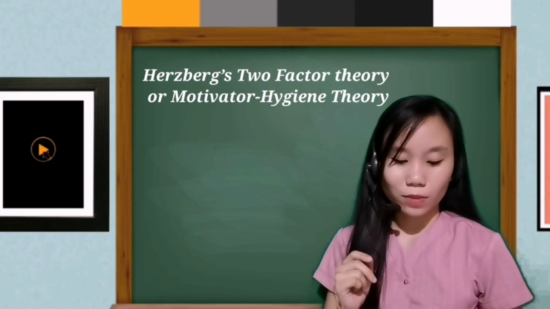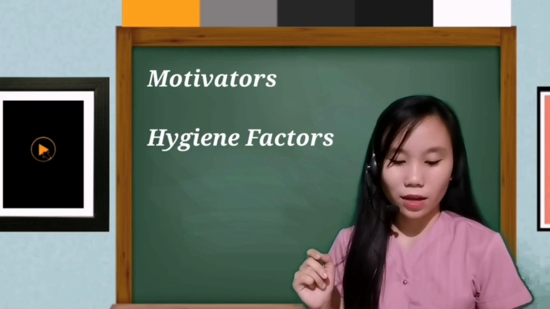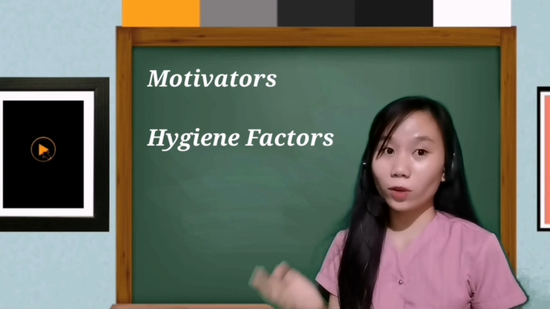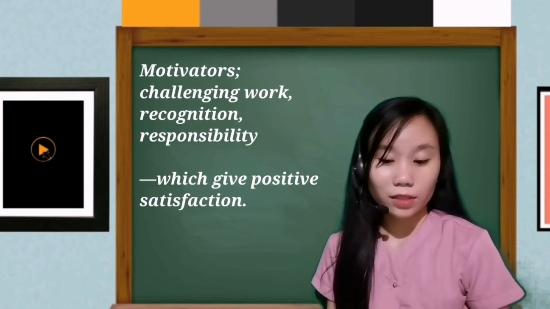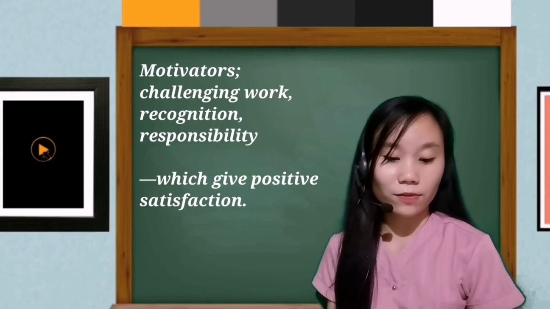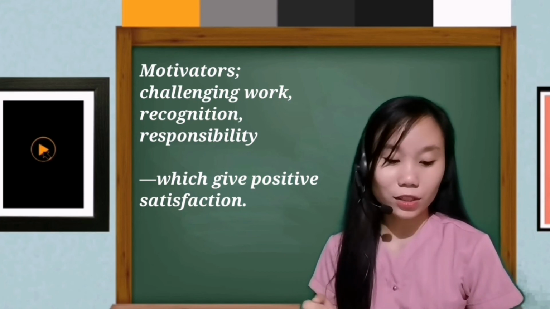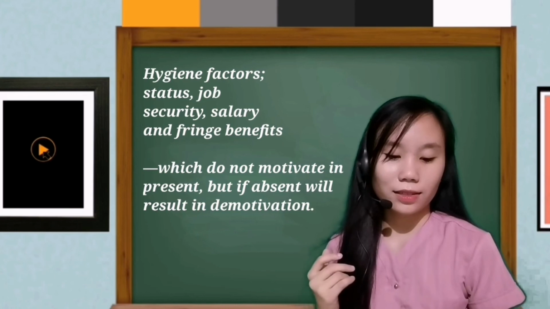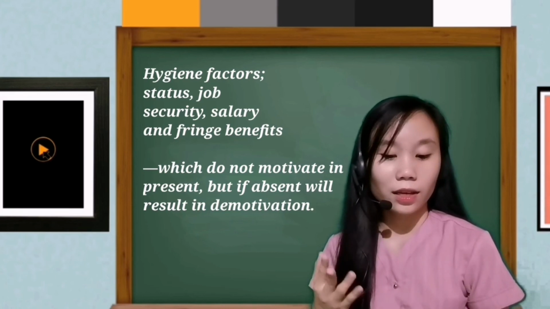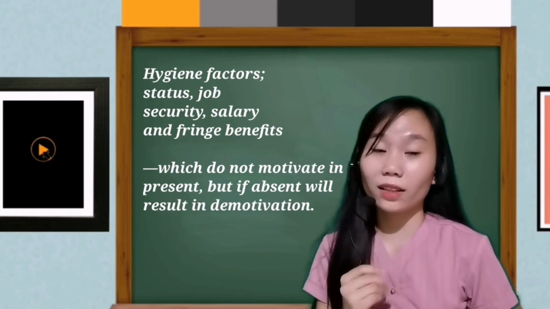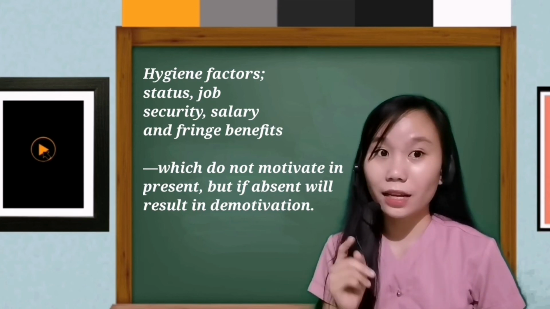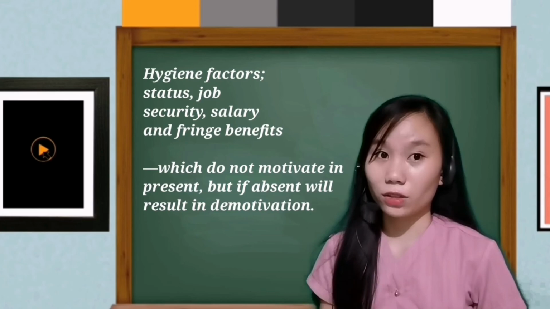He distinguished between motivators and hygiene factors. Motivators, for example challenging work, recognition, and responsibility, give positive satisfaction. Hygiene factors, for example status, job security, salary, and fringe benefits, do not motivate when present, but if absent, will cause demotivation.